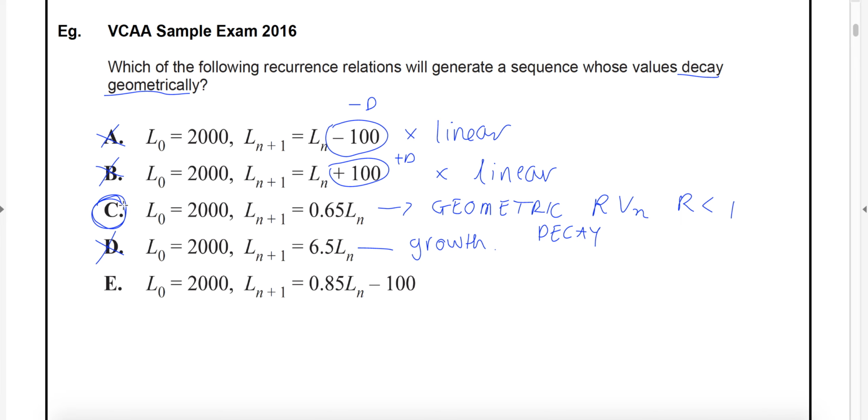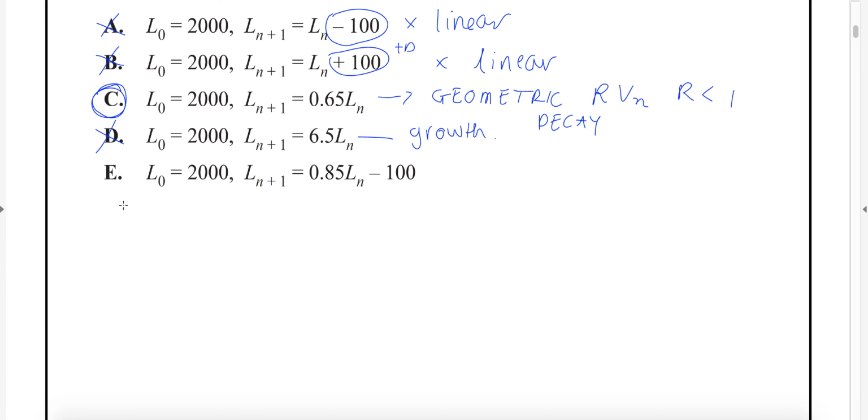I wanted to mention though, why is this one not geometric decay? This part looks promising because it does have R less than 1. The issue is this bit here. Now alone, that bit would be geometric, and on its own, subtracting 100 like we saw up there, alone that is linear.